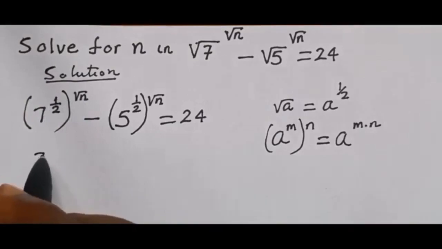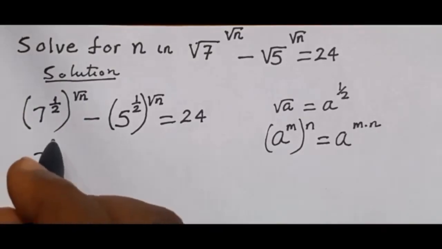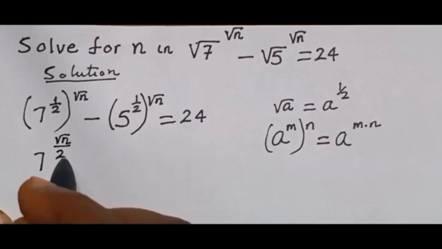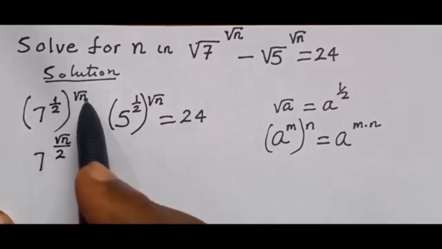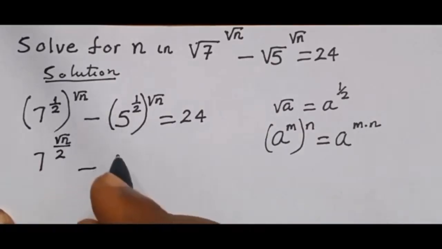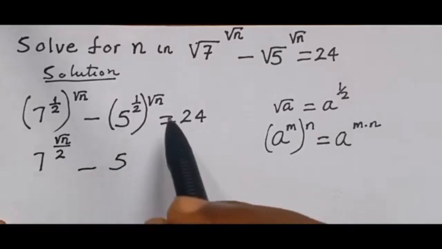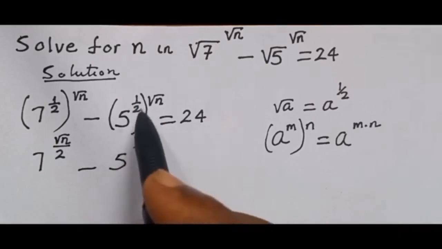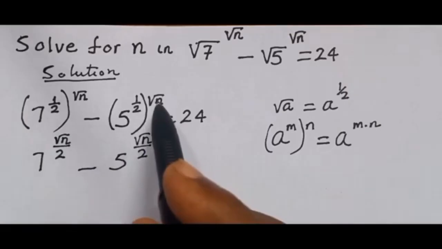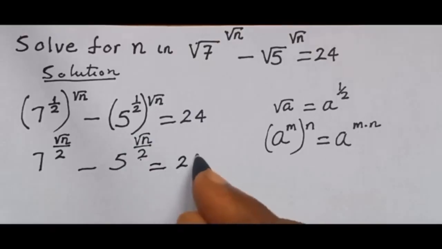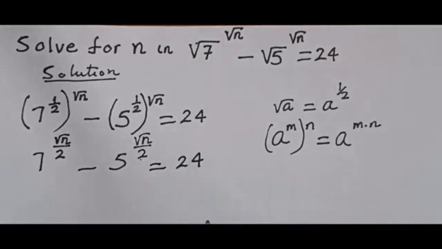So we have 7 raised to power root n over 2, because a half times root n equals root n over 2, minus 5 raised to radical n over 2, because a half times radical n equals root n over 2, which is equal to 24.